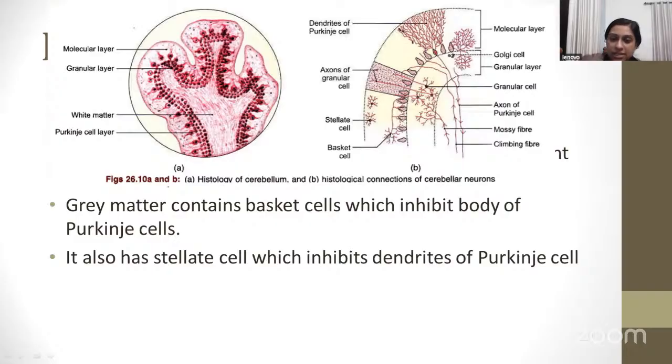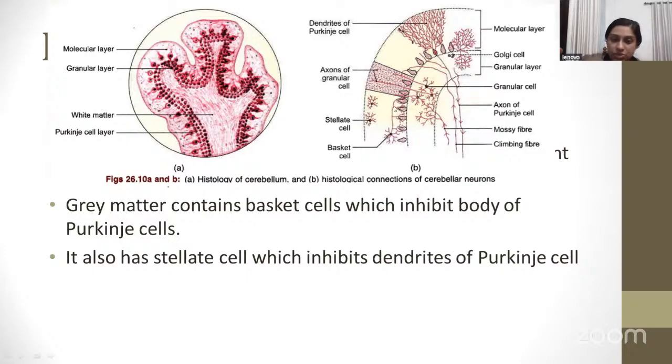And the basket cells are seen in the interior part of this whole molecular layer. And we can see the basket cells whose axons are located somewhat parallel to these foliate fibers. These leaf-like fibers are seen in the cerebellum, and they are arranged parallel to the molecular layer.